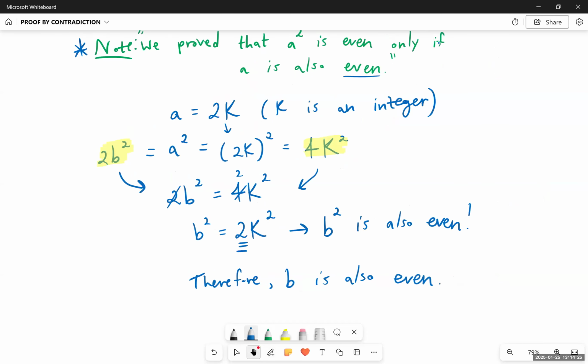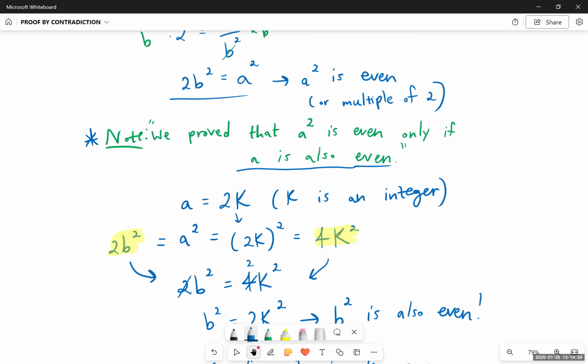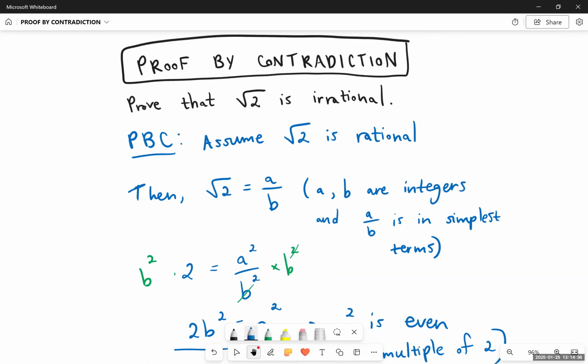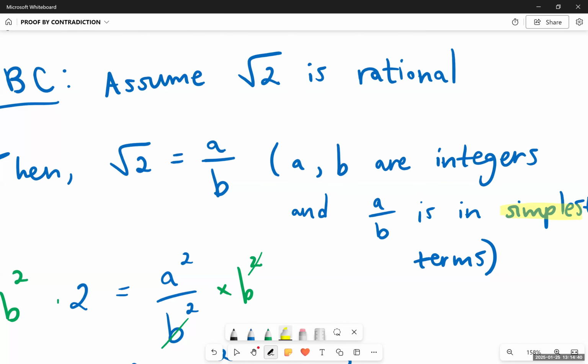Really think about this. What have we shown? We have shown a is even. B is also even. And go back way up to the top here when we said root 2 was rational and in simplest terms.